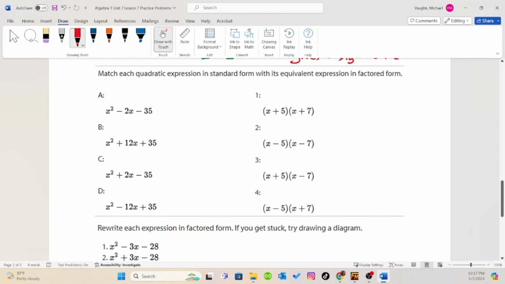Next practice problem. Match each quadratic expression in standard form with its equivalent expression in factored form. So if I try to think about the factors here, I'm going to have opposite factors of 35 with the larger being negative and the factors being separated by 2.